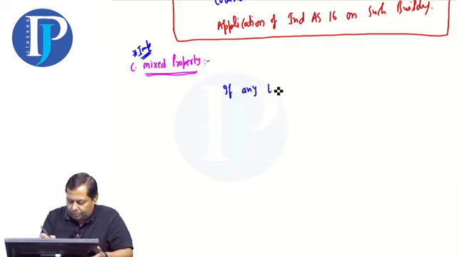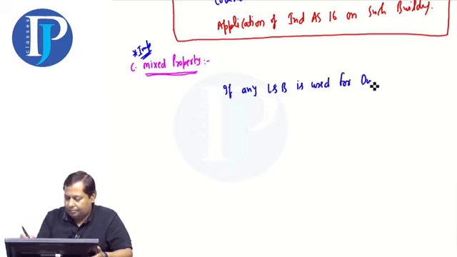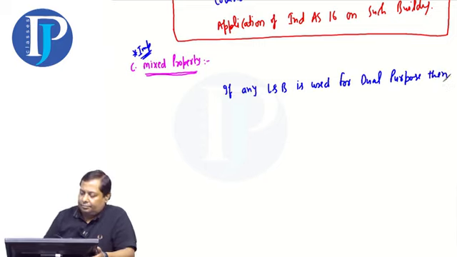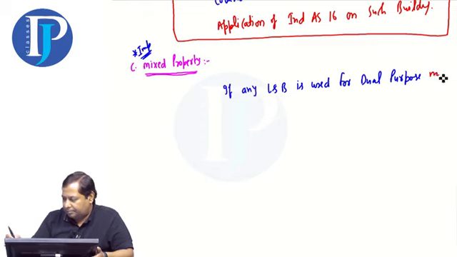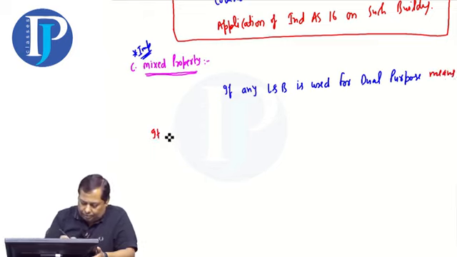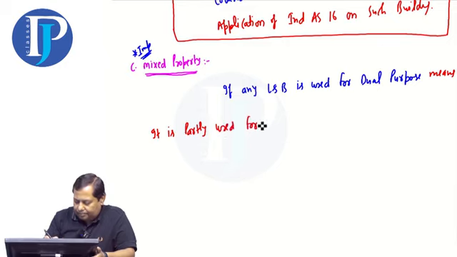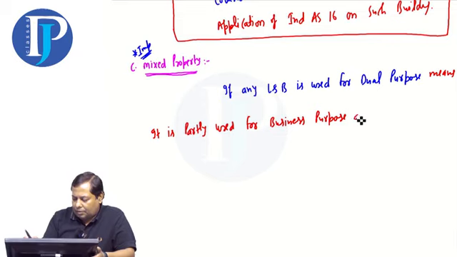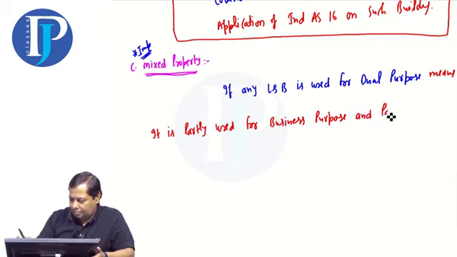If any land and building is used for dual purpose, then dual purpose means it is partly used for business purpose and partly is let out.